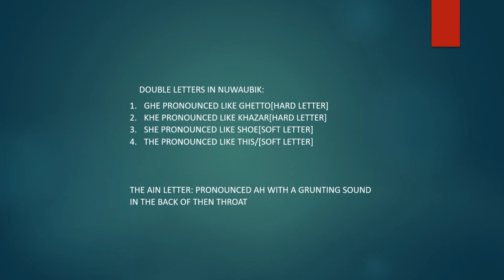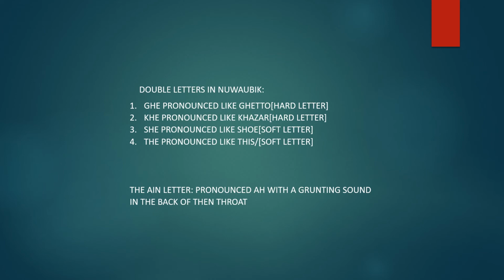There are very few languages that actually come with the GH, the KH, and the Ain. So just remember that it's a gargling sound. And we'll practice that a little bit more.